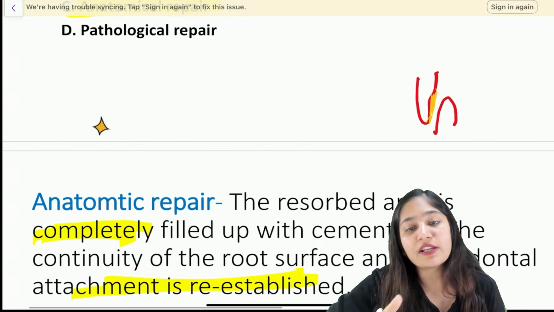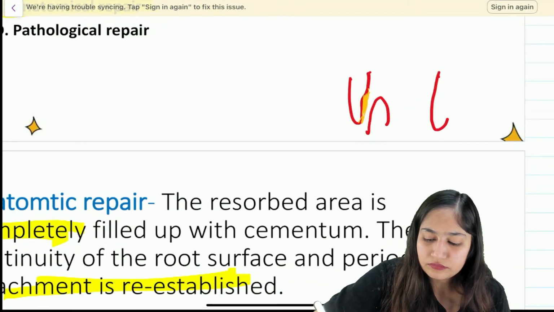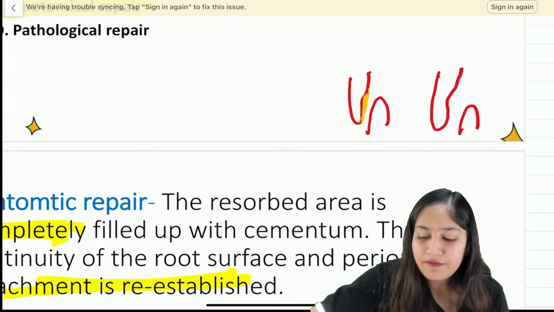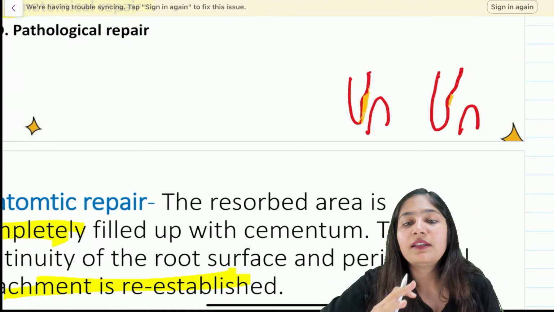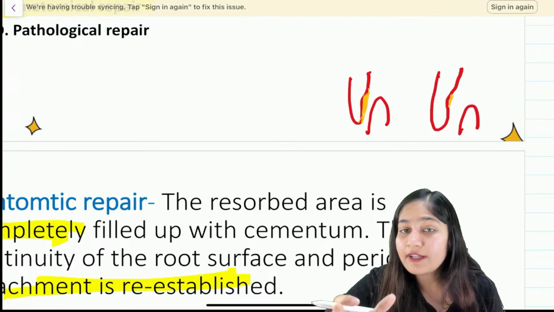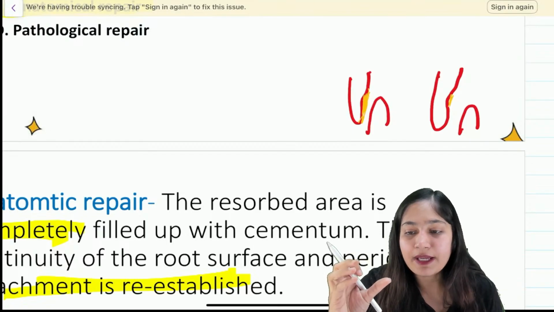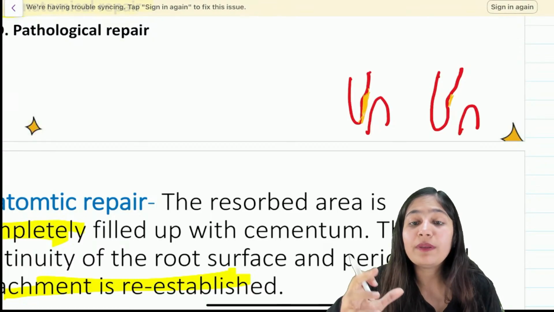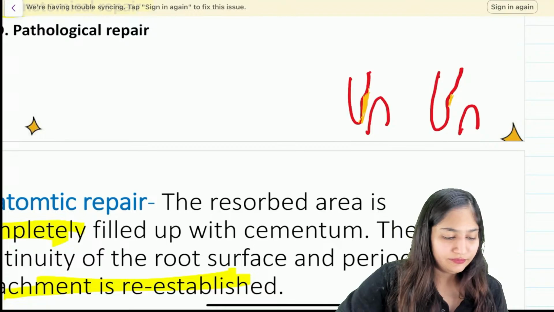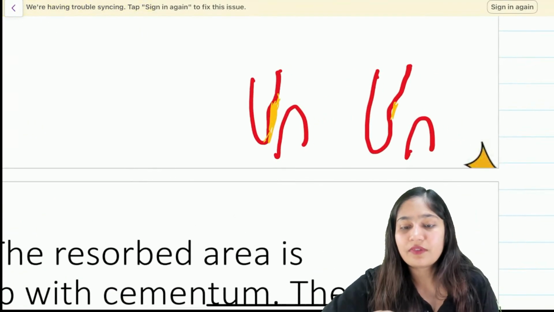While in case of functional repair, what will happen? Some portion will be filled by cementum so that the normal functioning of the tooth can take place. Not the whole defect will be filled by cementum. Only a small portion will be filled by cementum. The rest will be filled by alveolar bone. Right.